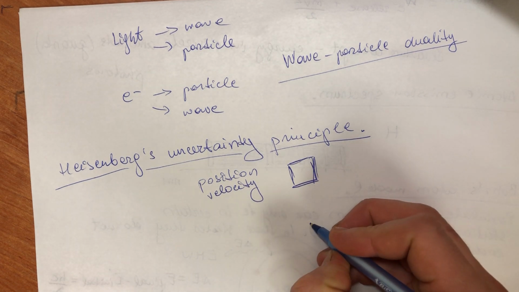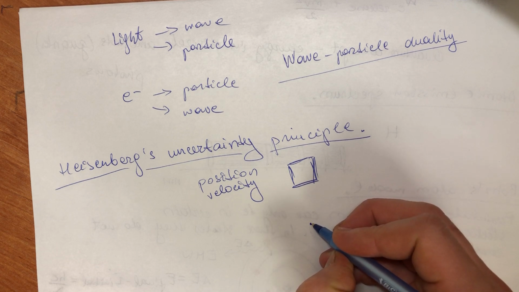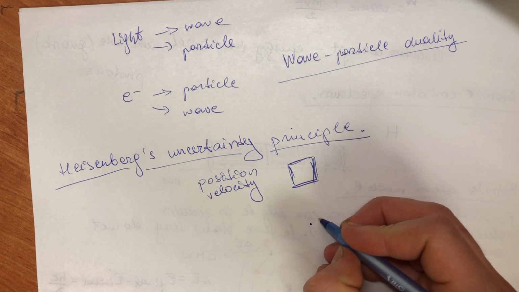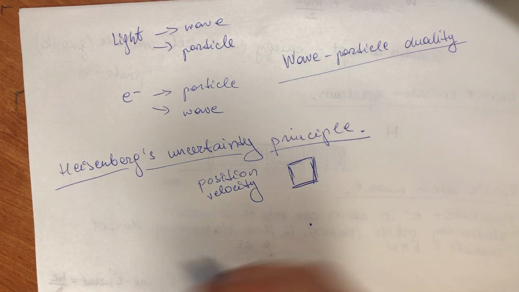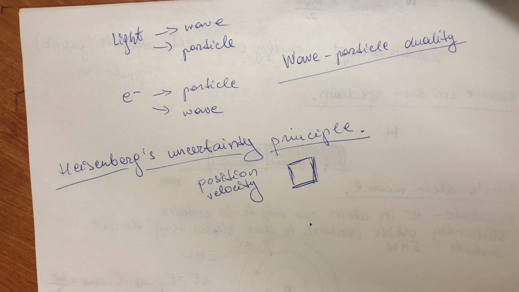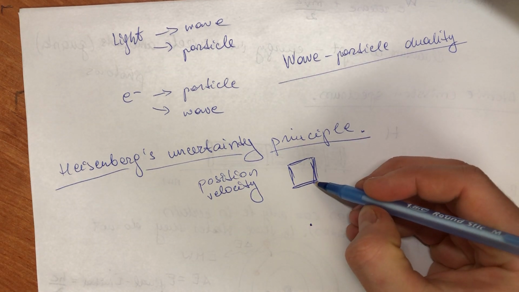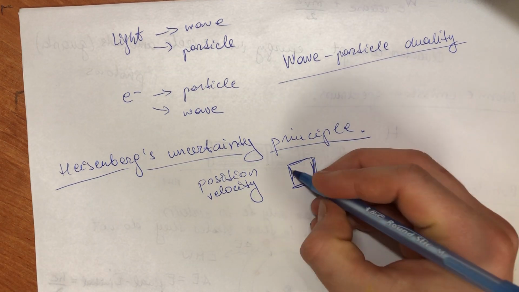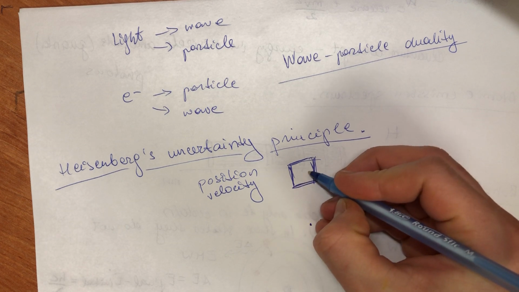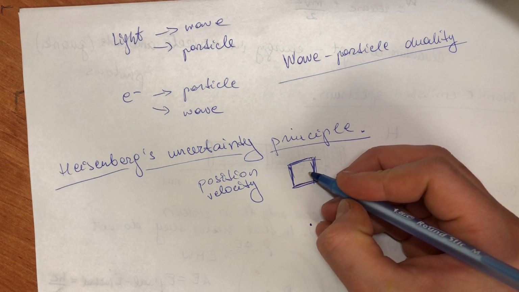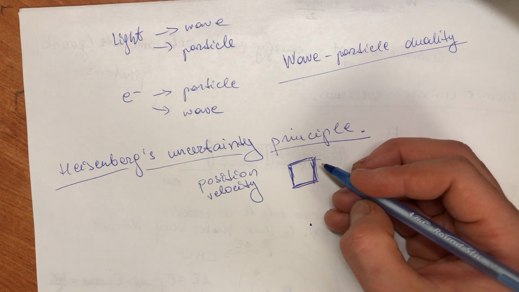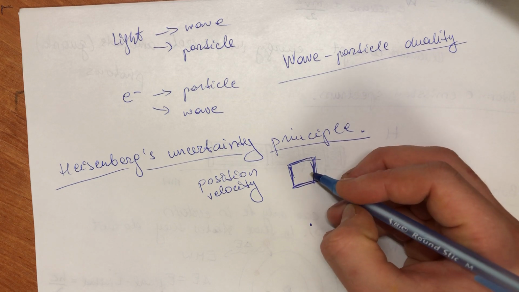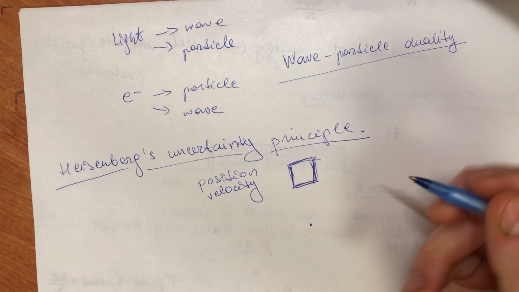If we hit an electron with light, then the electron is disturbed, is moved. In classical physics we deal with large objects, so velocity and position are not disturbed by the measurement process.